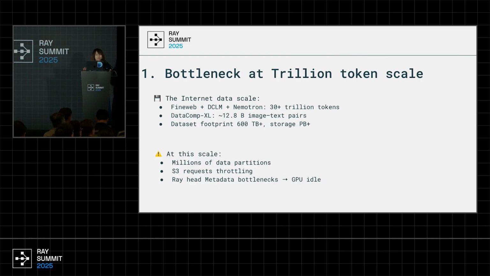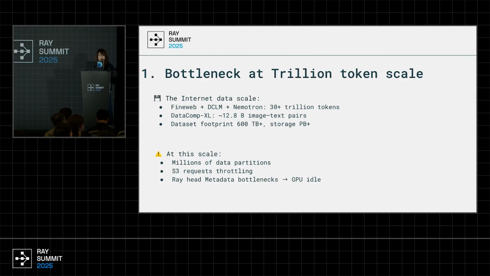If you check the Hugging Face datasets, FineWeb, DCLM, Nemotron, all together, you're going to have more than 30 trillion tokens. And if you want to do data curation for multimodal data, DataComp XL has around 12 billion image-text pairs. In that sense, for one job, your dataset footprint can be more than 600 terabytes. And our storage already reached petabyte scale earlier this year.